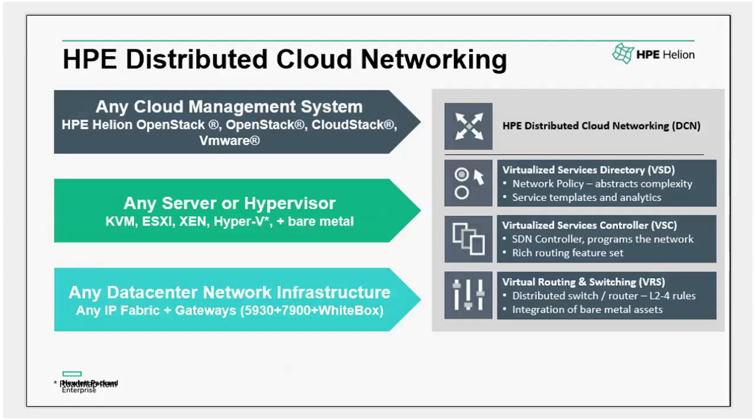And that's what they're saying, that you can have any IP fabric and any gateway. You can have a 5930, you can have a 7900, which is Alcatel-Lucent's own, or you can have a hypervisor like Xen or VMware. So that's just to give you an introduction.